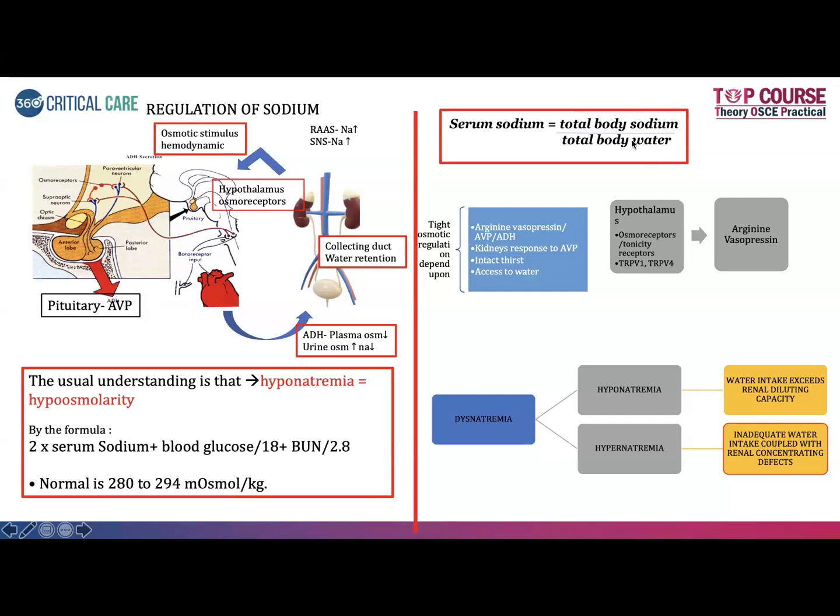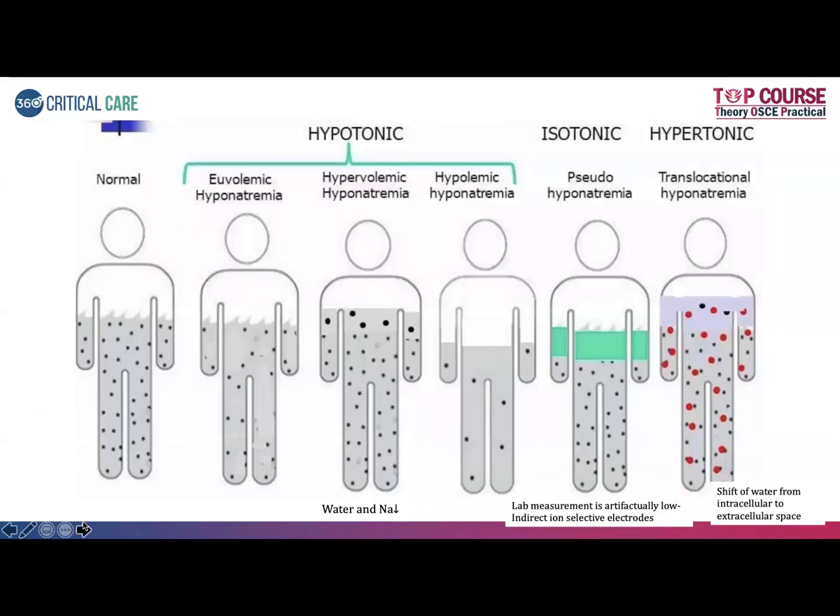Okay, it depends both on the sodium as well as the water. So dysnatremias are related to water intake. If it is hyponatremia, it could be due to water intake which exceeds the renal diluting capacity, whereas hypernatremia, inadequate water intake coupled with renal concentrating defects. So these are the reasons for dysnatremia.